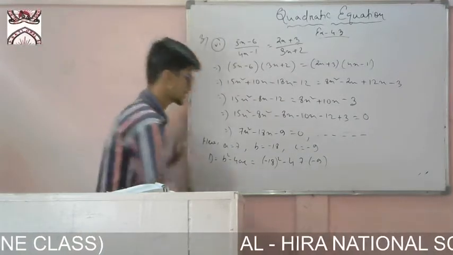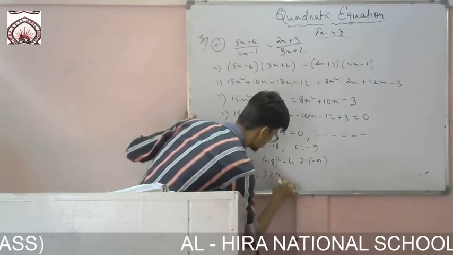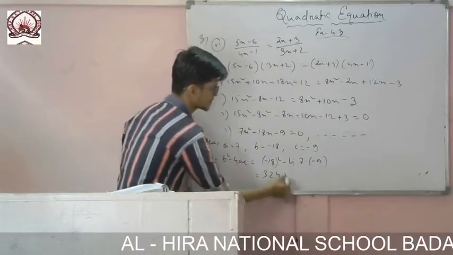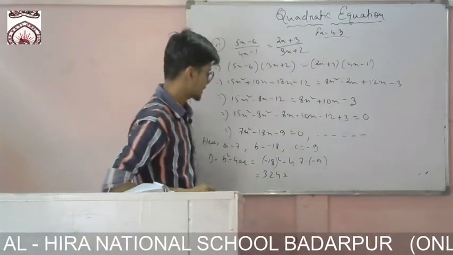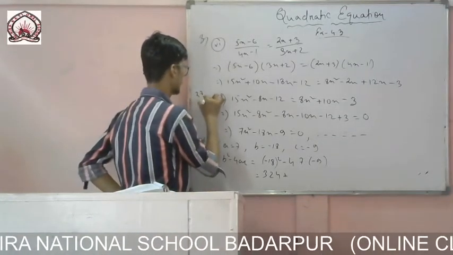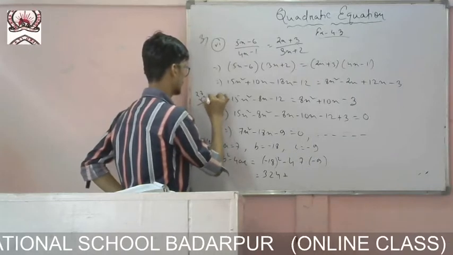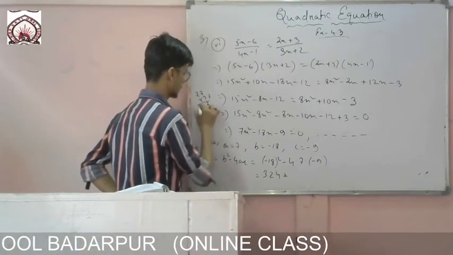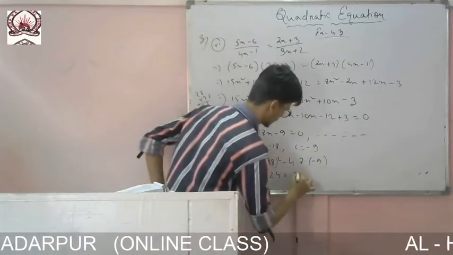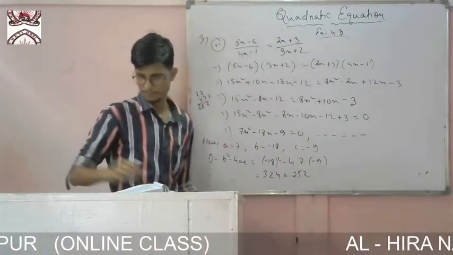18 square is 324, minus minus it will be plus, 7 4s are 28 and 28 into 9 is 252.